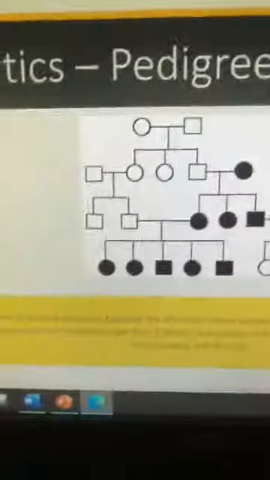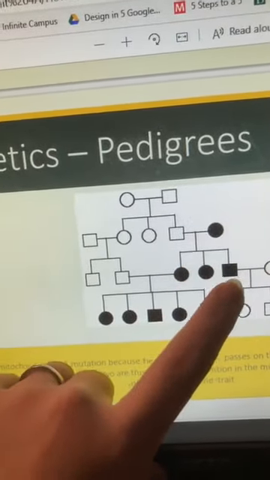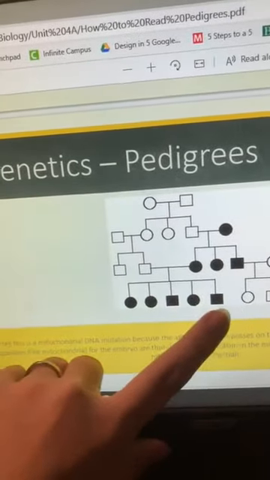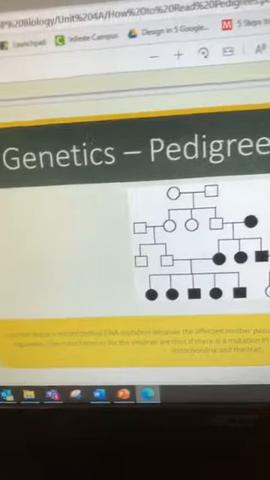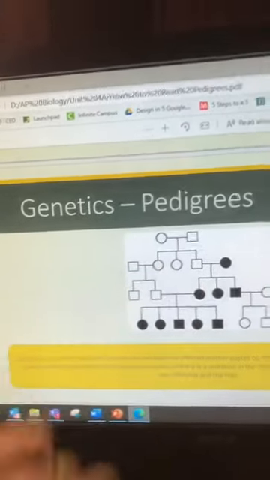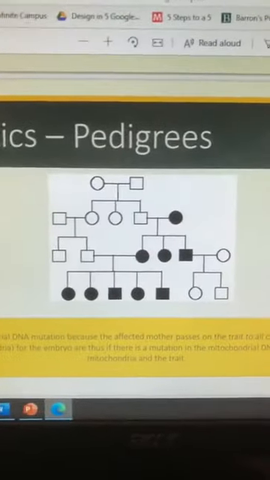So if you look here at this pedigree, you see an affected mother, and look, every single one of her children is affected. Again, affected mother, and every single one of her children is affected. Unaffected mother, and none of her children are affected. Unaffected mother, and none of her children are affected. So if you see an affected mother and all the children are affected, there's a high chance that it's going to be mitochondrial.